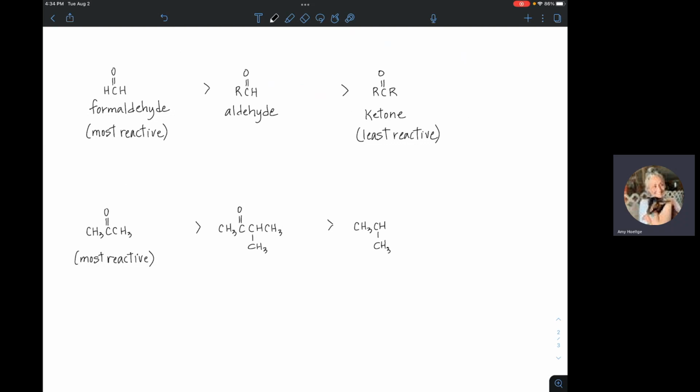We are increasing the sterics as we bulk up the groups that are around the carbonyl, making it less accessible for the nucleophile. So of these three, this would be the least reactive.